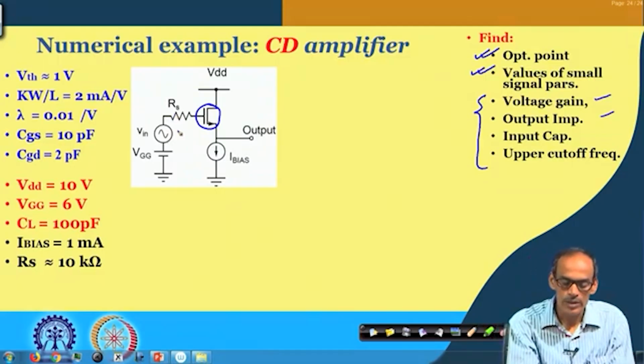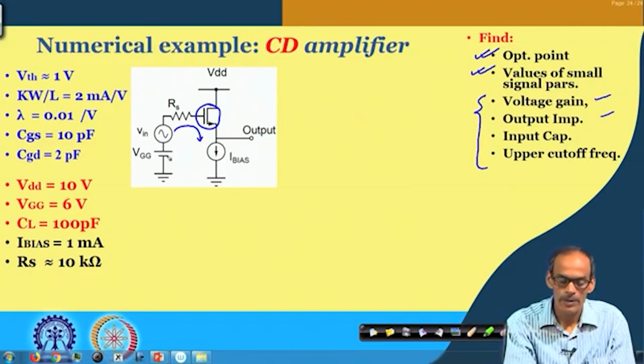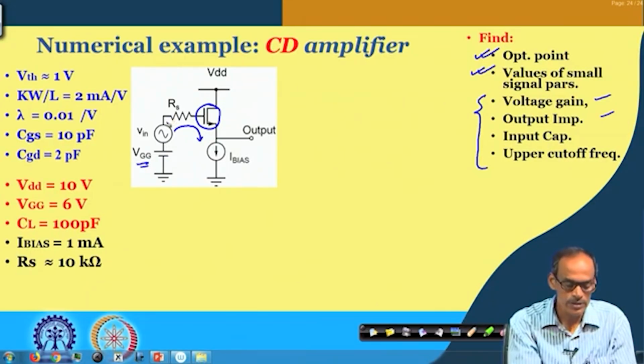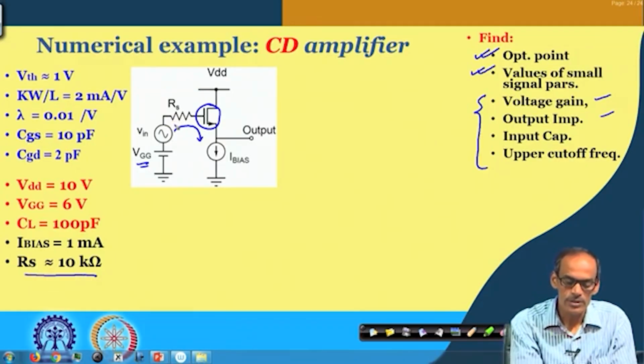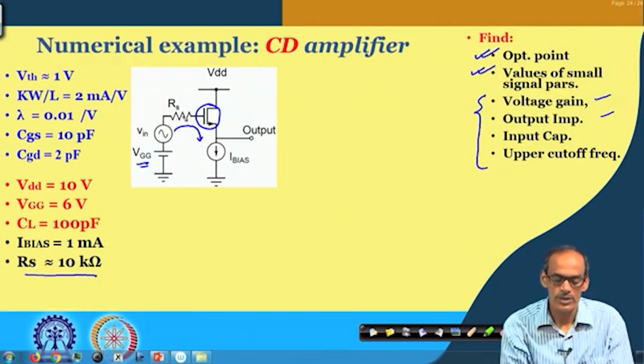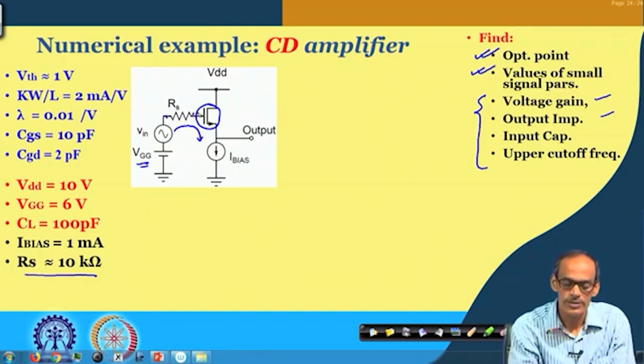So, to get the DC operating point, let me consider this circuit. What we have here is in DC condition, even though Rs is say 10k or 100k, since the current flow here is 0 DC wise, the drop across this Rs is 0.